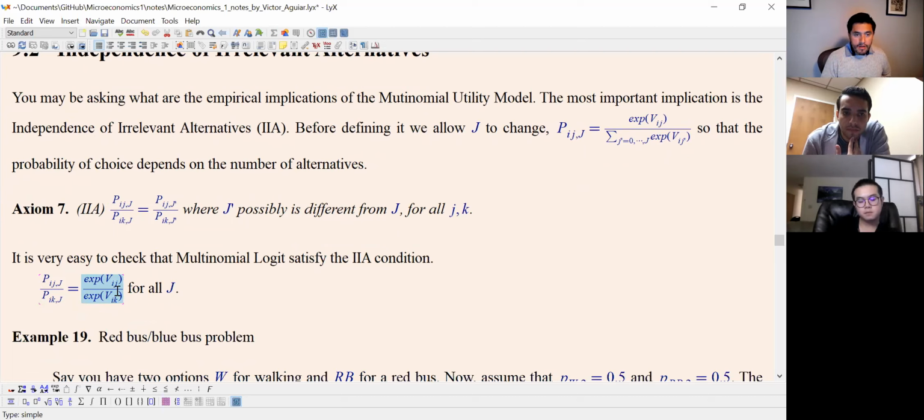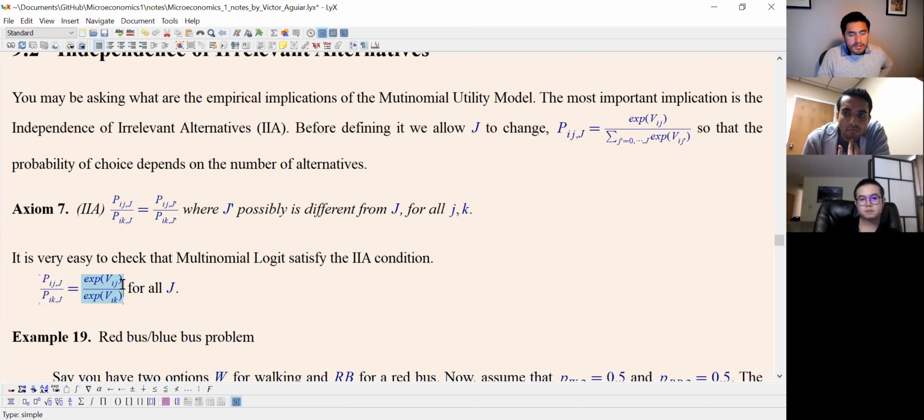In other words, once you divide these probabilities, the denominator doesn't matter anymore. In fact, the denominator is the only thing that gives you the dependence on the menu. So this is just telling you that only the mean utility matters in terms of these odds ratios. The ratios of probability just give you the mean utility. Got it?